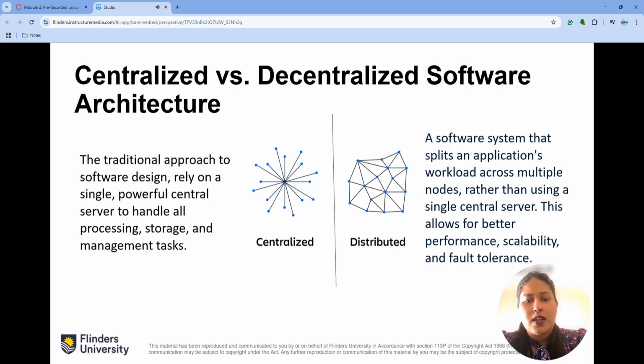Centralized systems are easier to manage and monitor, but may struggle with scaling and fault tolerance, while decentralized systems provide greater scalability and resilience, but come with added complexity. So the choice between the two depends on the system's specific needs, including performance, availability, and growth requirements.